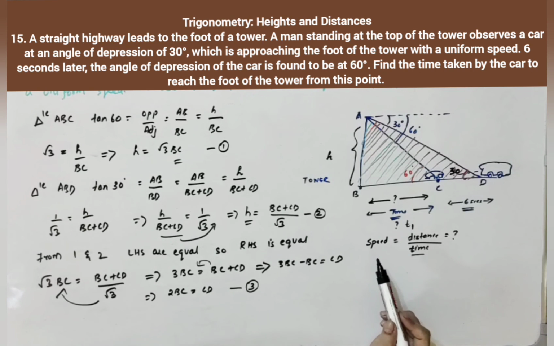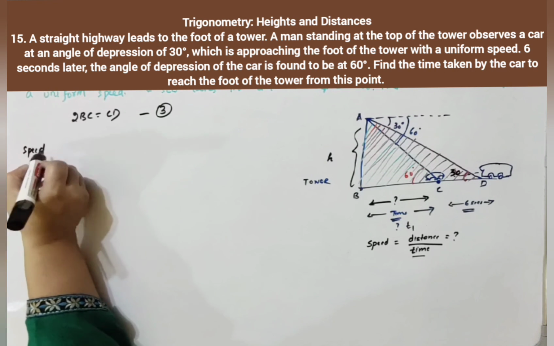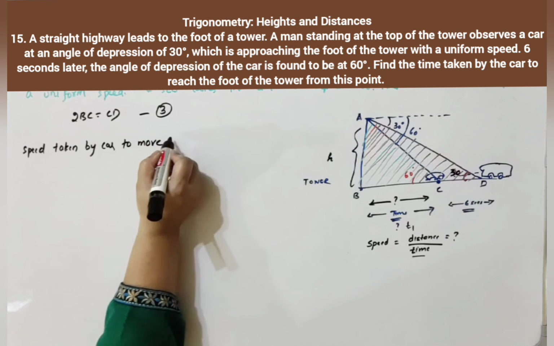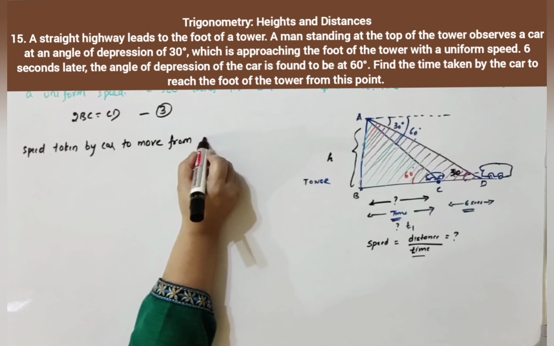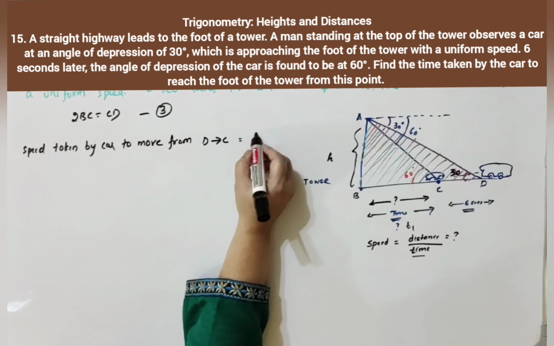Now we will have to use the speed, distance, time formula, and using these expressions and values, we'll arrive at the time. Speed taken by the car to move from D to C is distance by time. What is the distance here? CD.